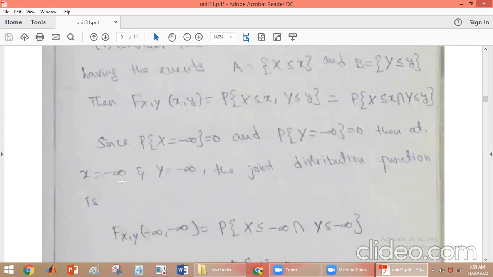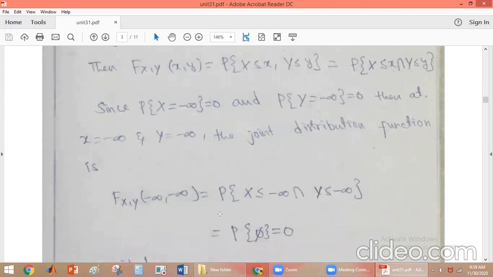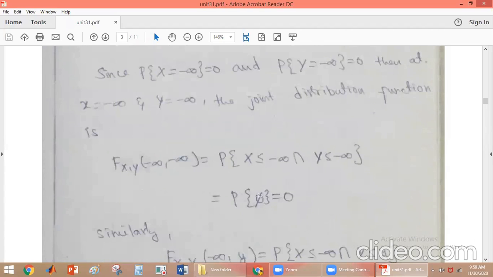So at X equal to minus infinity and Y equal to minus infinity, the joint distribution function can be written as the probability of X ≤ minus infinity intersection Y ≤ minus infinity. You don't have any event at X ≤ minus infinity, and we don't have any event at Y ≤ minus infinity. So what is this intersection? This intersection will give us the null set, and the probability of the null set will be 0.